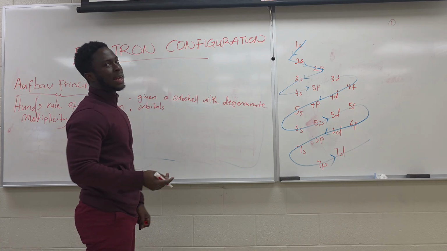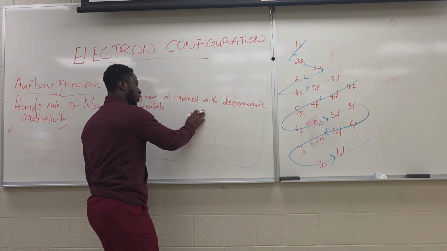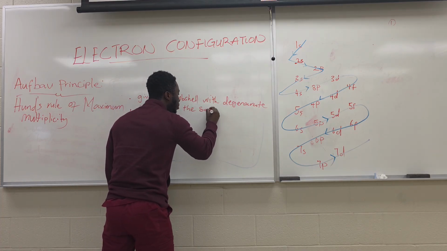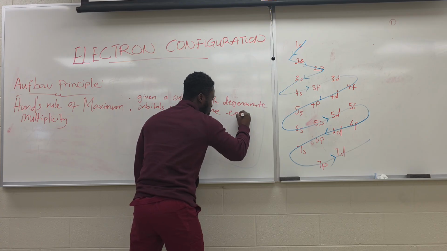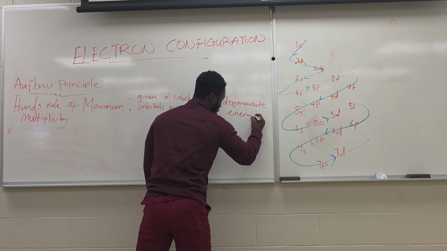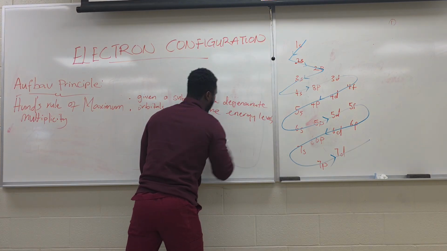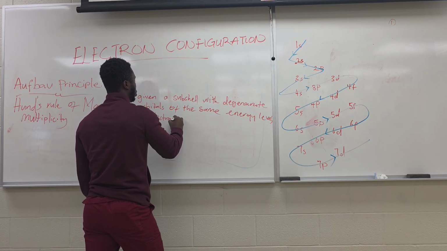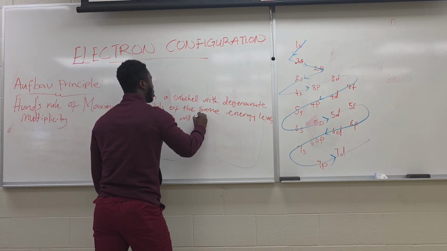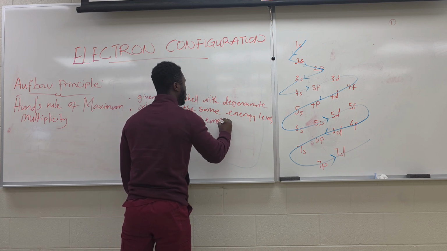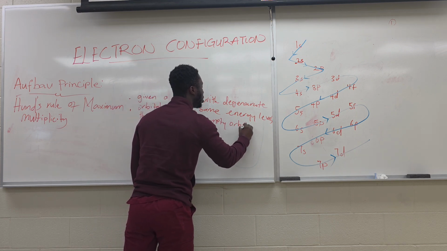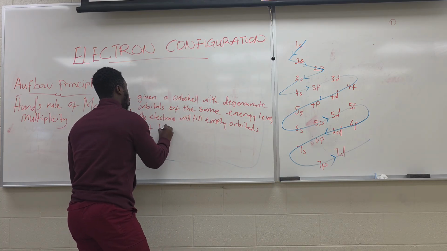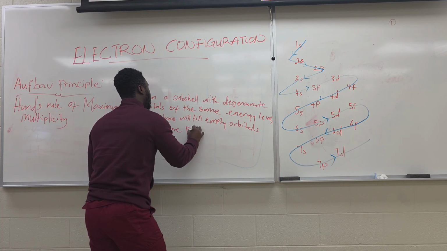Now, one thing that I need you to keep in mind: with degenerate orbitals of the same energy level, or the same principal quantum number energy level, the electrons will fill empty orbitals first before pairing up.